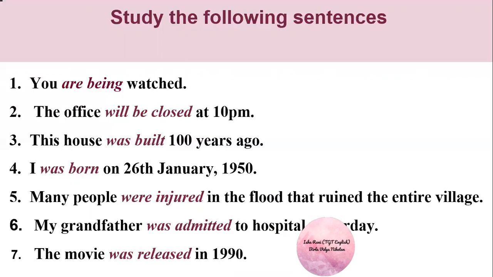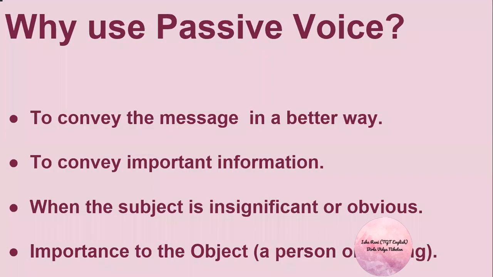And we now understand that we need passive voice so that we can convey our message better and convey significant information, so that we can hide the subject since it's either insignificant or too obvious, and also so that we can break the monotony of using sentences in active voice and make our language more interesting by using passive voice.